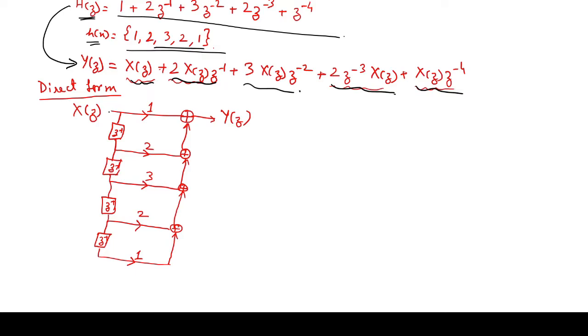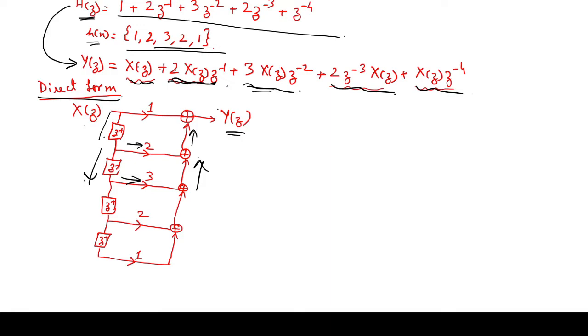So how to implement that in the direct form? X(z) comes in, then it is delayed and multiplied by 2, added to the output, again comes to this one, delayed, multiplied by 3, again added up.